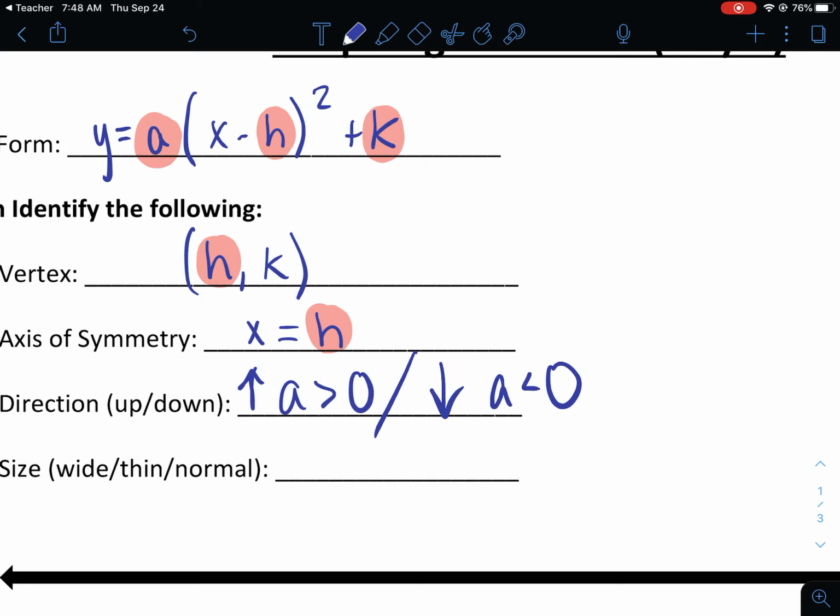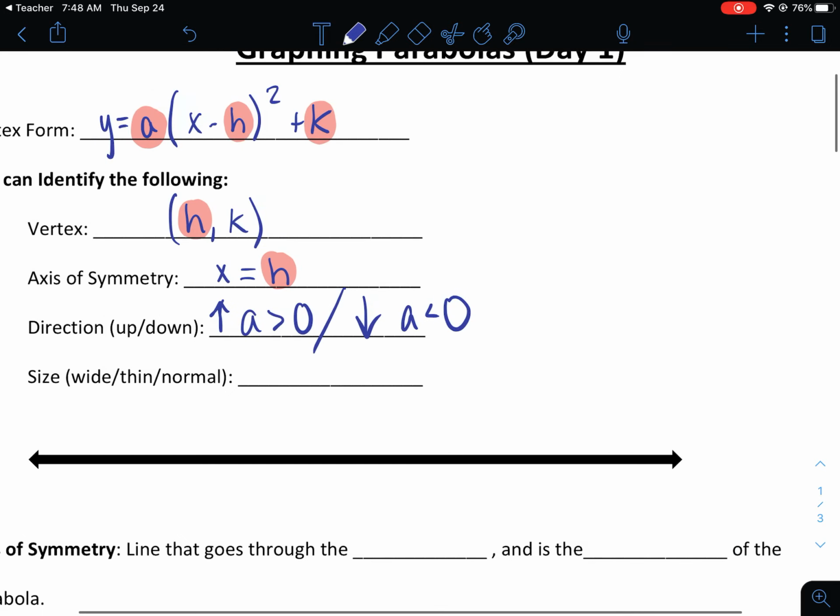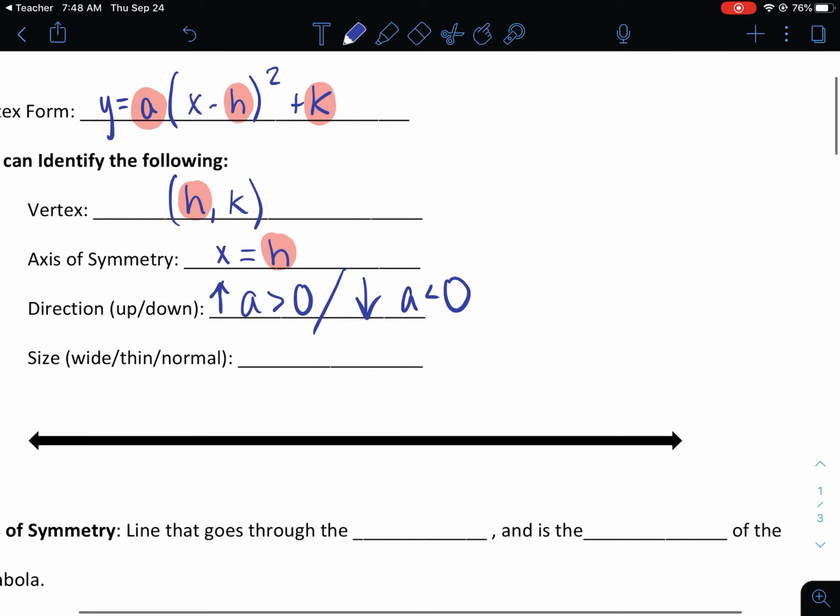We'll go over all this multiple times, but just to get a base here, your a determines whether it's going up or down. Also, the a determines whether it's going to be thinner, wider, or normal. We've talked about this before. That number out front is what we've seen when we looked at transformations of parabolas.